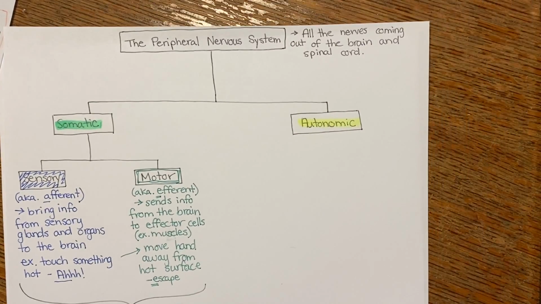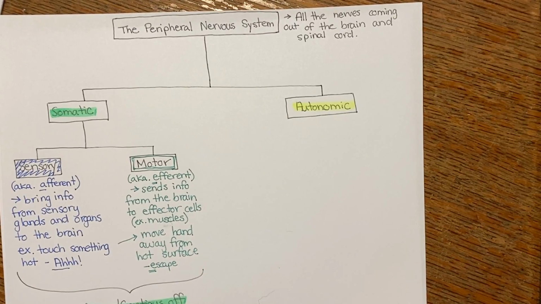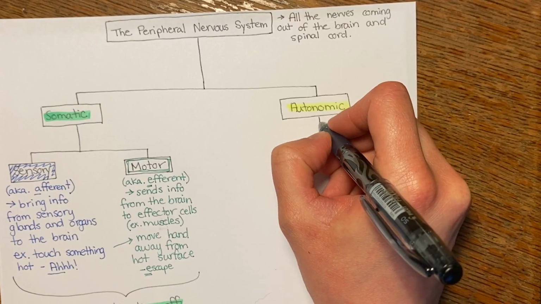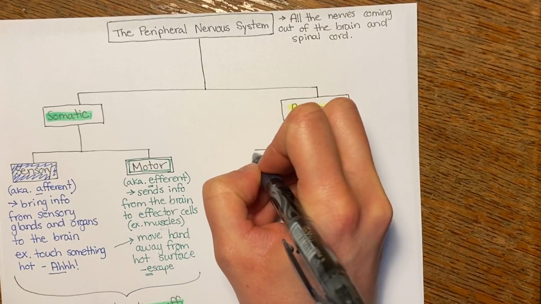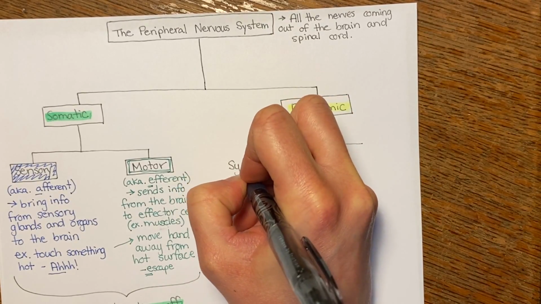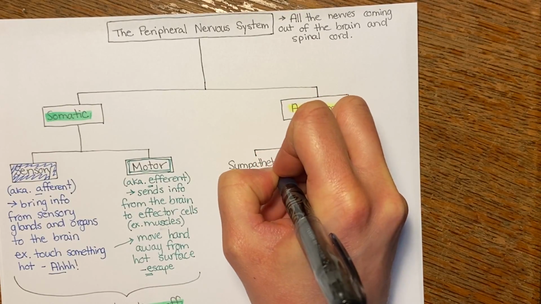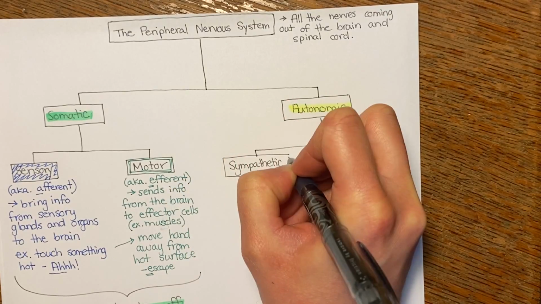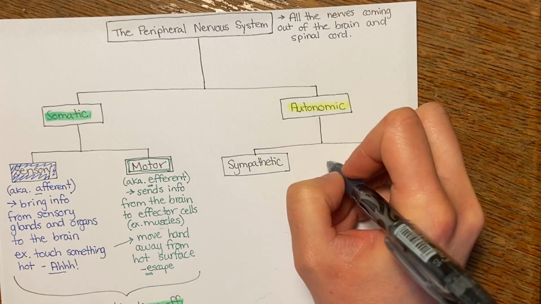So switching gears here over to our autonomic peripheral nervous system. Again, this is broken down into two more categories. The first is the sympathetic, and the other is the parasympathetic.